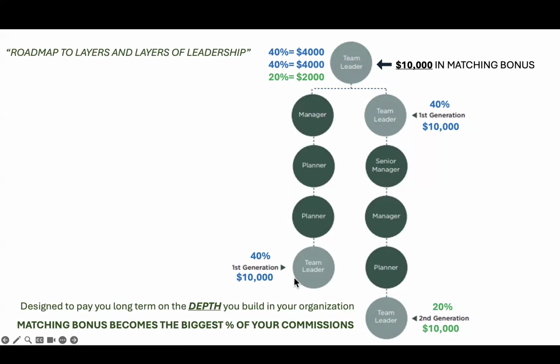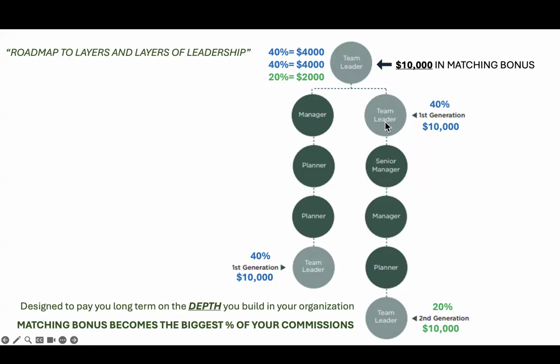Based on his rebate, his product sales, his open group sales, and some open line commissions, he generated 10,000 on that portion of the income. If he makes 10 grand, I'm also getting a 40% matching bonus, an additional $4,000.